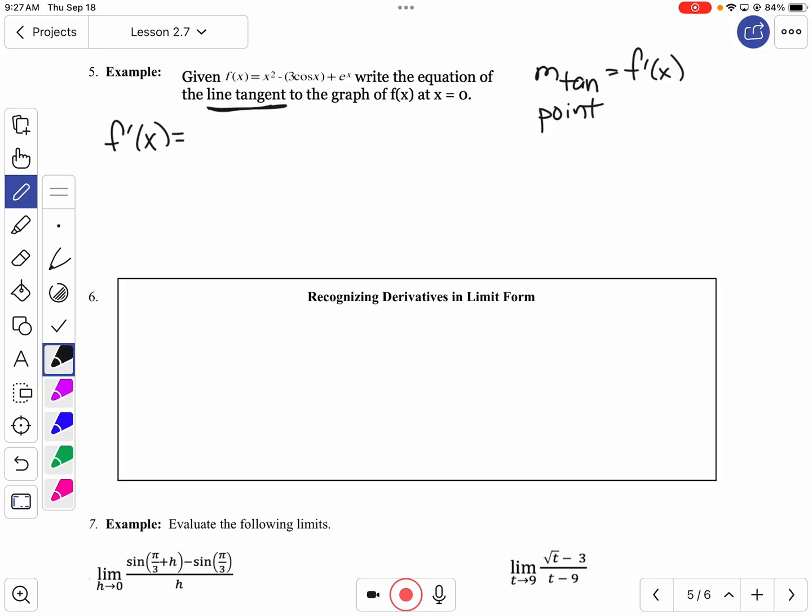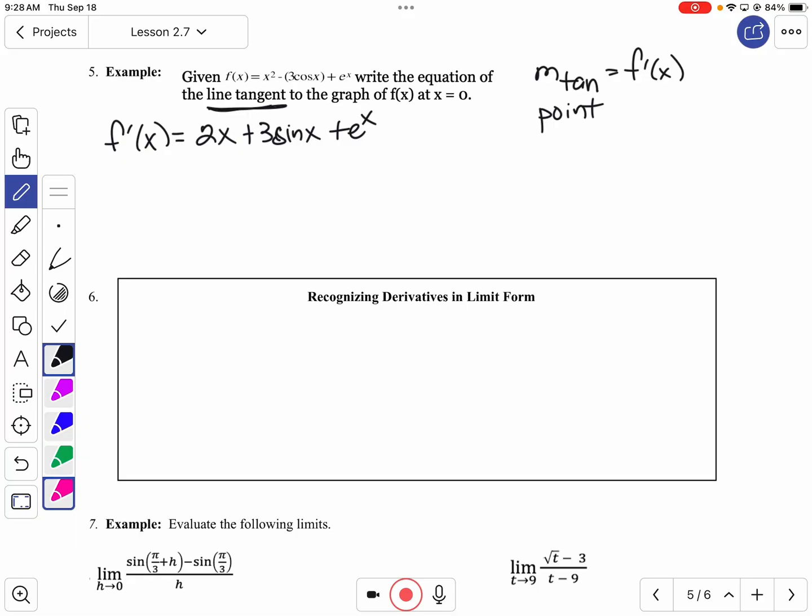Derivative of x squared would be 2x. Derivative of negative 3 cosine, that negative 3 stays there, but what's the derivative of cosine? Negative sine. So the negative and the negative is going to make it a positive. So plus 3 sine. And then the derivative of e to the x is e to the x.